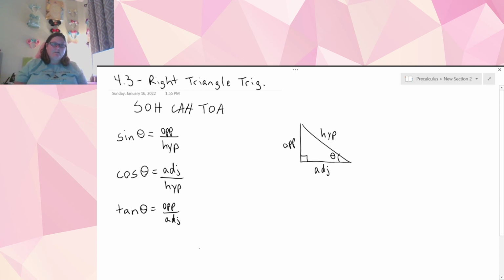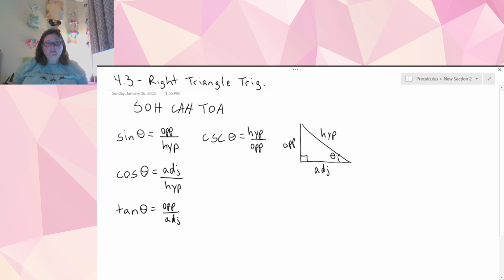Those are the basic three trig functions you should have learned about in geometry and maybe even algebra 2. The other three we're going to talk about are the reciprocal trig functions, which are the flip of the original trig function. The reciprocal of sine is cosecant, and cosecant of theta is just going to be hypotenuse over opposite.